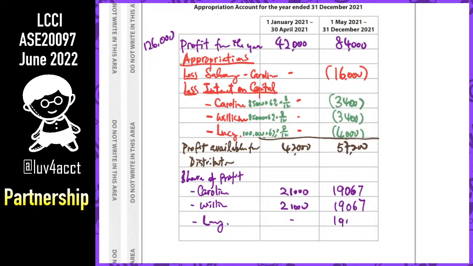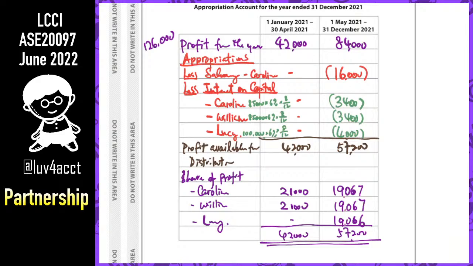Poor Lucy, you come late, so I will give you $1 less. Okay, we can do this. 42,000, 57,200. Sometimes when we face answers that are not whole numbers, we panic.